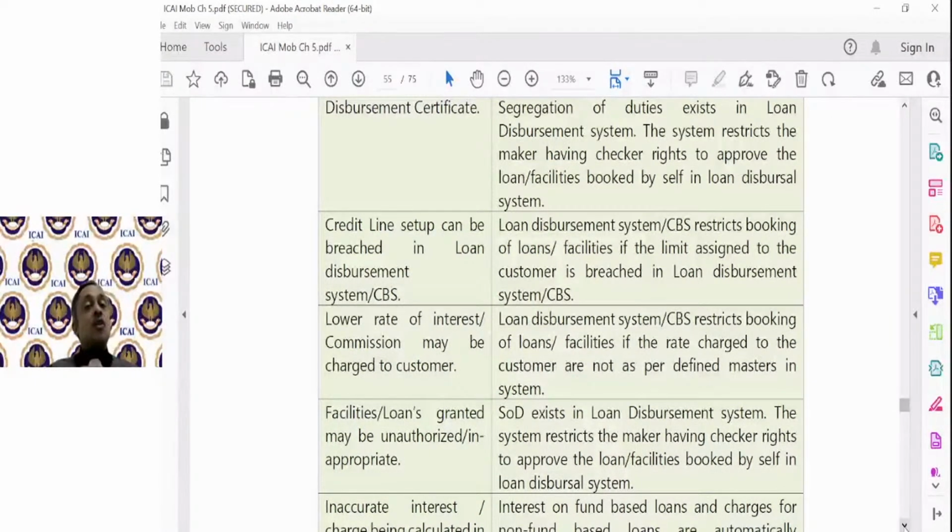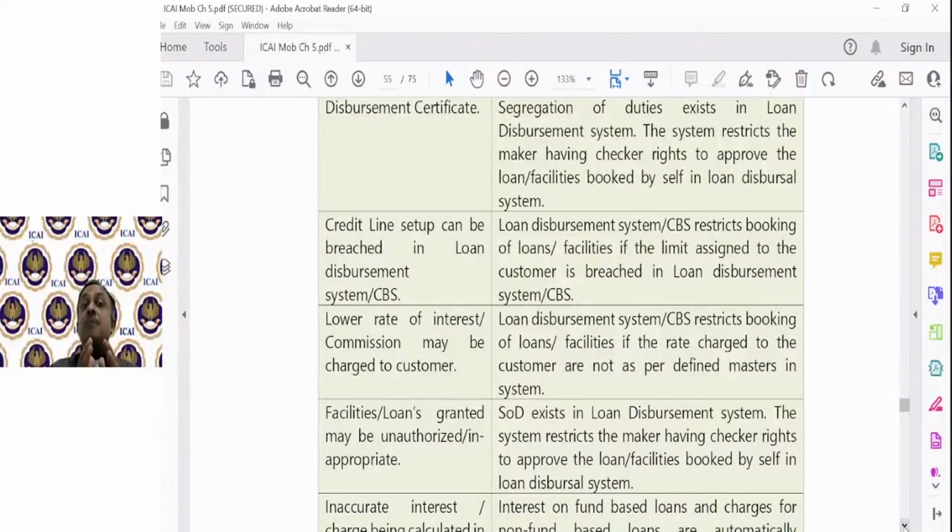So against a stock statement of 10 crore, if the pre-disbursement certificate analysis of credit team says that there has to be a margin of 30%, that means against a stock statement of 10 crores, a margin of 30% will be reduced and an amount of 7 crores will be allowed to be disbursed to the borrower. So 10 crores, 30% margin, how much does the borrower get? 7 crores.